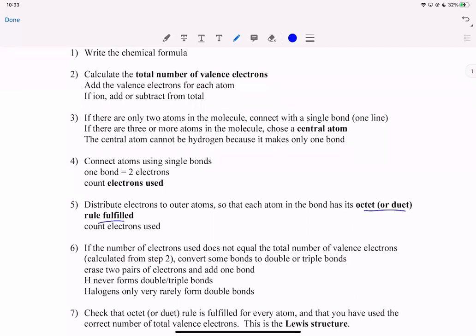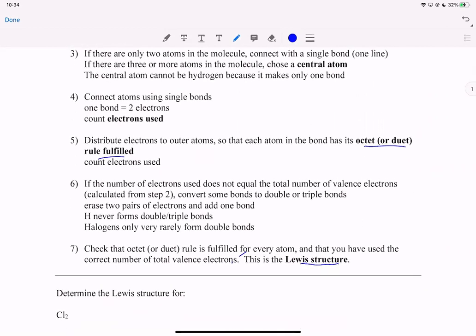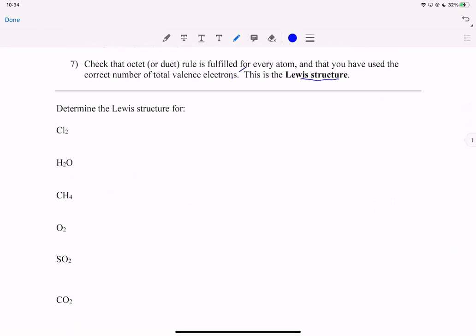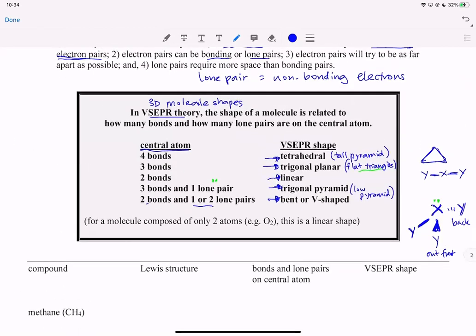So you're redistributing valence electrons amongst the whole molecule to build a molecule shape that is called the Lewis structure. That's the 2-dimensional, the bonds to the central atom. So we did that, but we're going to add the Lewis structure for some more compounds.